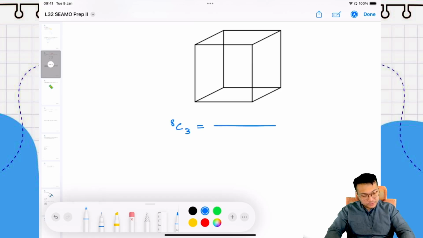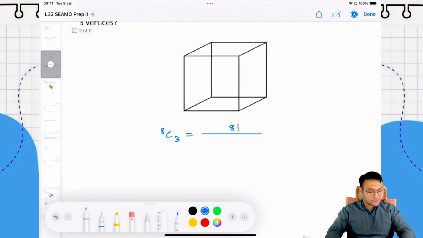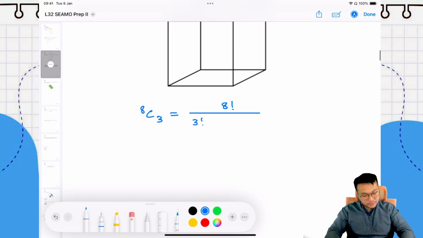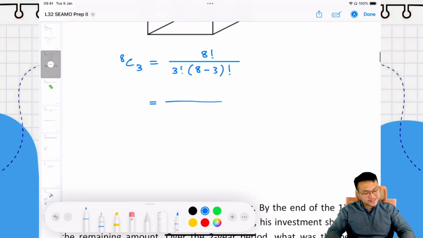So follow the formula: 8 factorial, n factorial divided by r factorial times (n minus r) factorial. What is the meaning of a factorial?